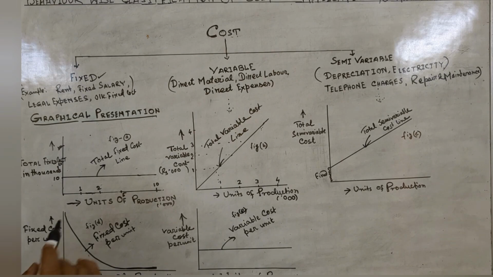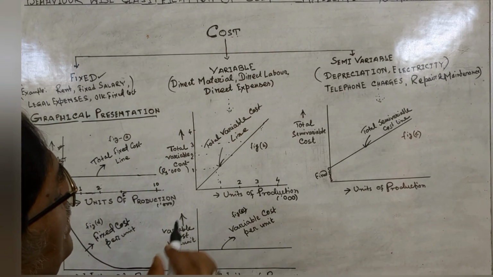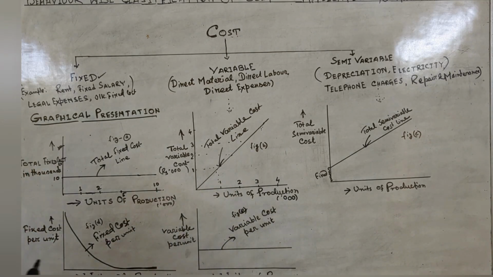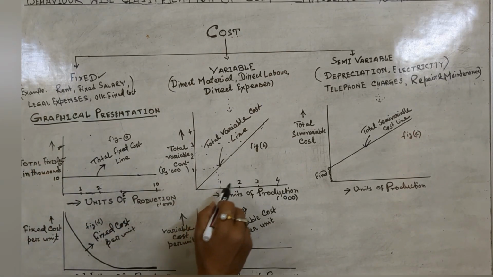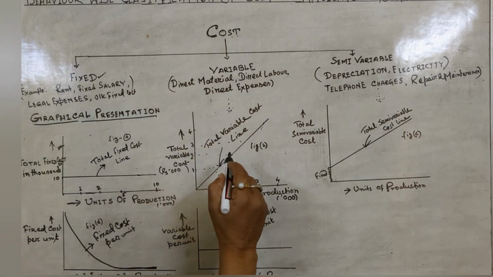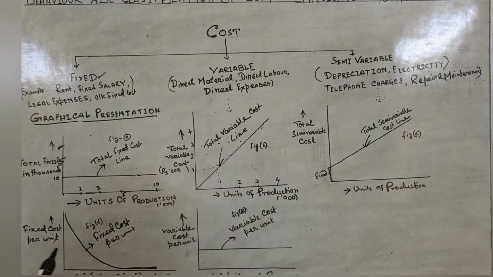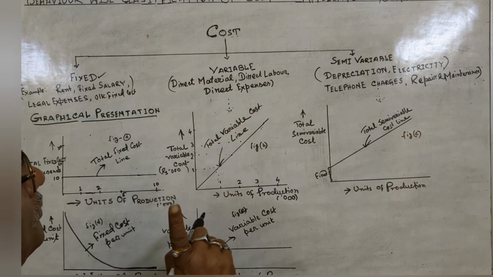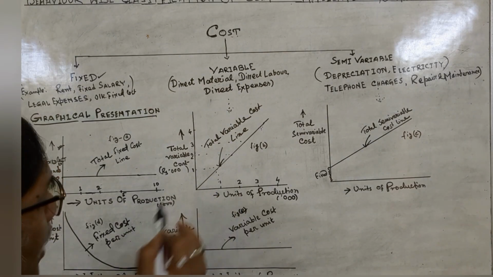Say the cost for producing 1,000 units is rupees 1,000. And if you produce 2,000 units, then proportionately the cost will increase to 2,000. Cost for 1,000 is rupees 1,000, which means per unit variable cost is rupees 1.